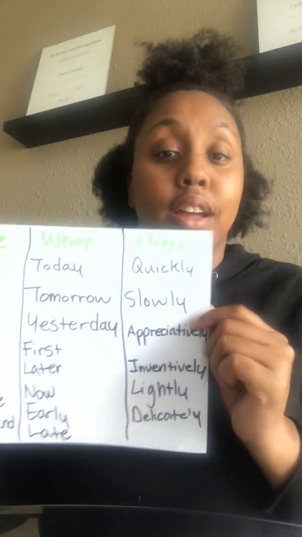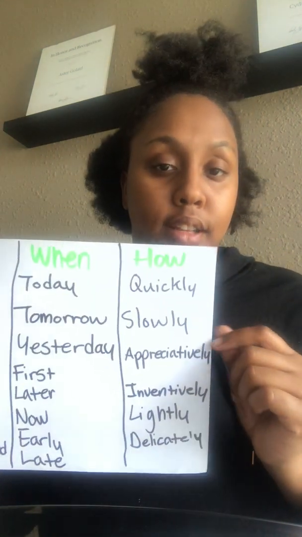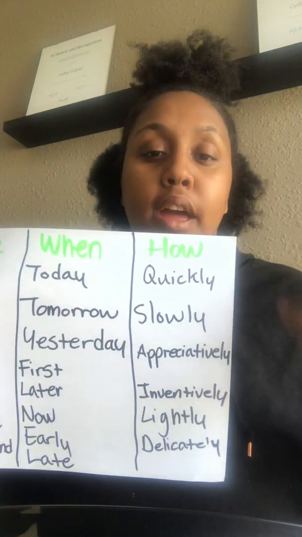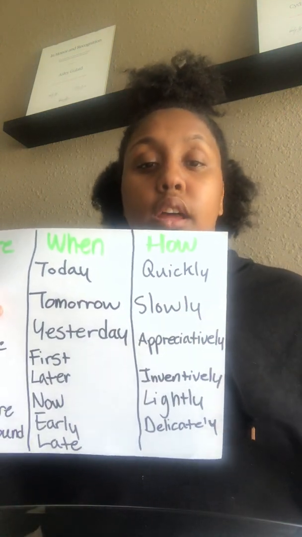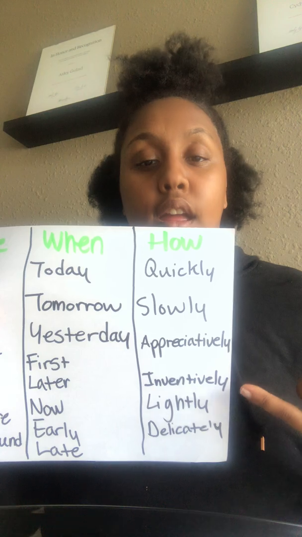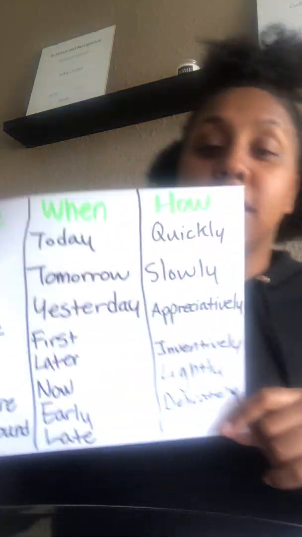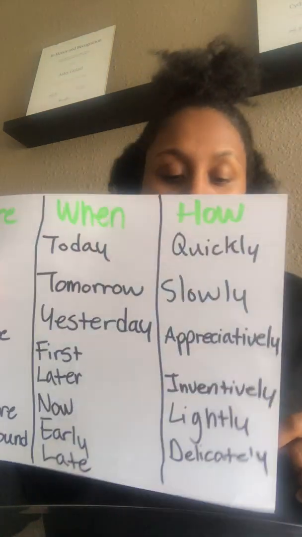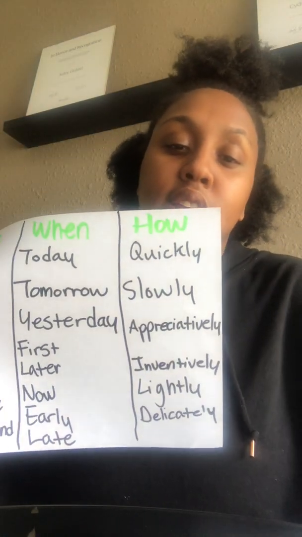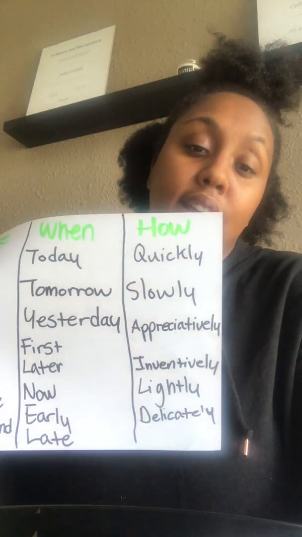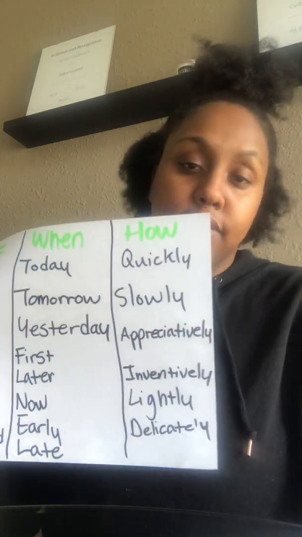And then you have the how adverbs, describing how an action is done: quickly, slowly, appreciatively, inventively, lightly, and delicately. Again, quickly, slowly, appreciatively, inventively, lightly, and decoratively.